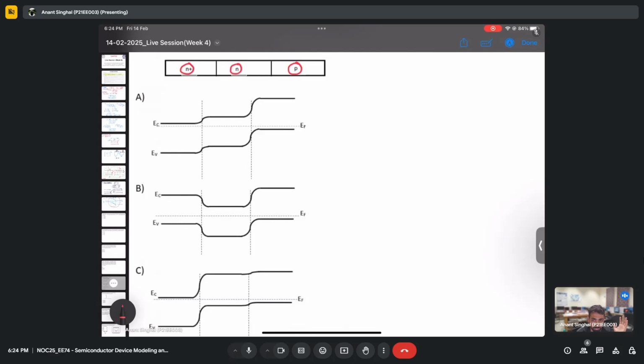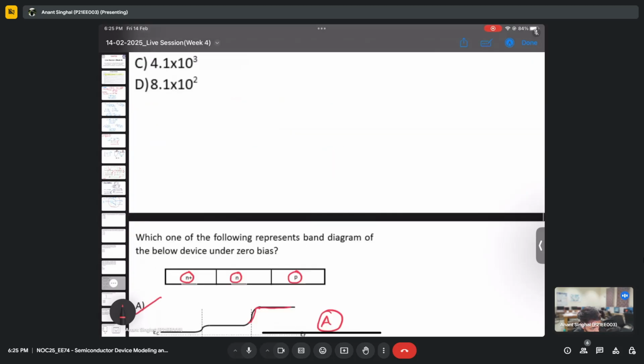Everyone, are you able to understand what she just said? Any doubts in this? Yeah, understood. The work function is changing. Similarly, as the work function is changing, the EC profile, the conduction band profile, is also changing. So option A will be the correct answer to this. This is just for understanding, but it's good that you can think about how these bands are bending. That was the sole intention of showing all this.